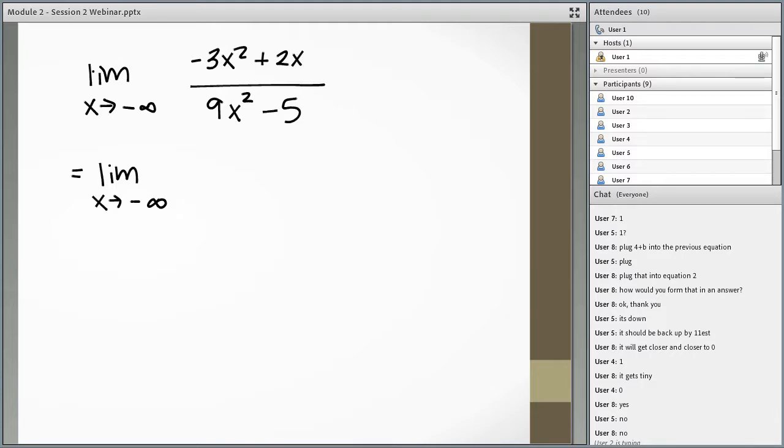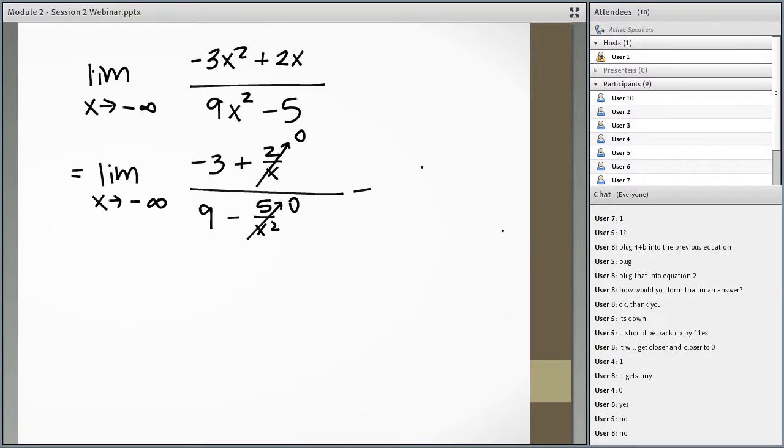So when I divide out the x squared, I get negative 3, the same thing I did in the last case, plus 2 over x over 9 minus 5 over x squared. So even though x is approaching negative infinity, it's still a very large negative number, which is still making 2 over x go to 0. And it's still making 5 over x squared go to 0.